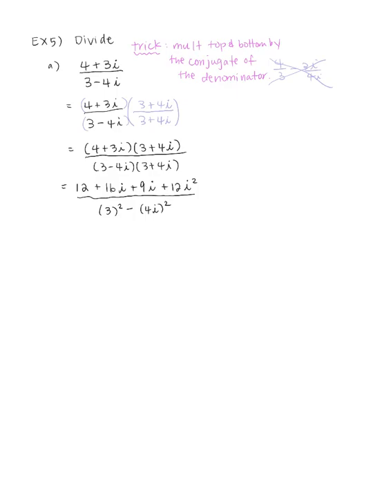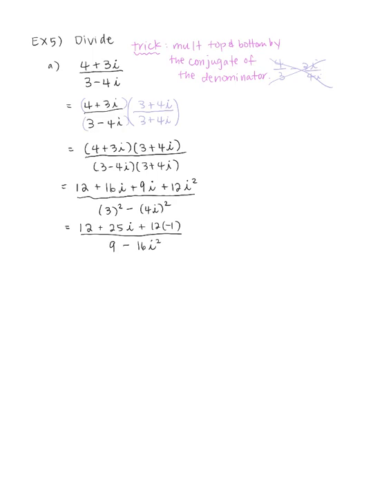Okay, so then let me just go over here. So we got 12 and then plus 25i plus 12i squared is negative 1. Whole thing divided by 9 minus 4 times 4, that's 16, and then i squared.